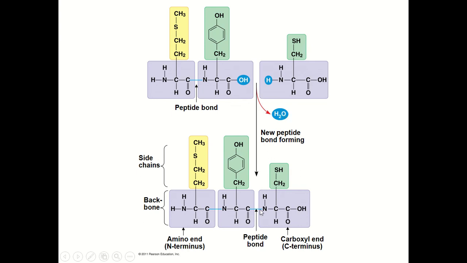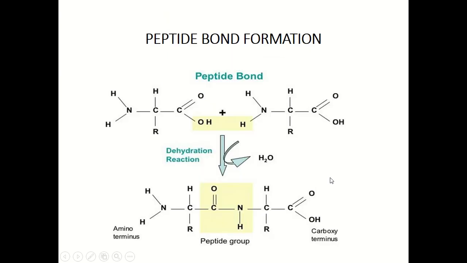A new peptide bond will form between these two monomers, and it will become another peptide molecule. So this is another example of how peptide bond formation occurs through dehydration process. One monomer loses water, and then the peptide bond will form over here.